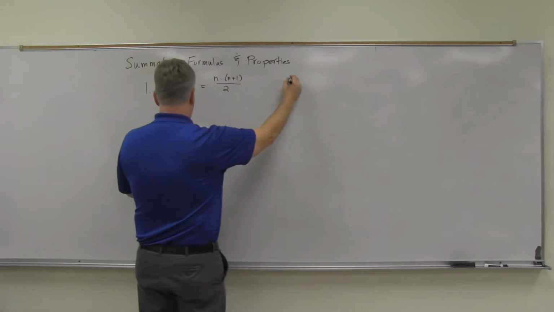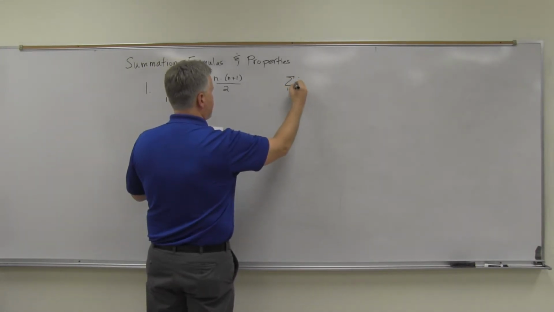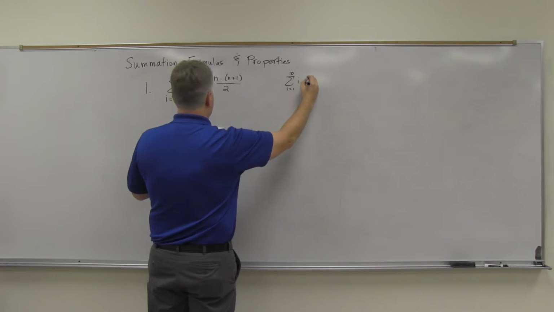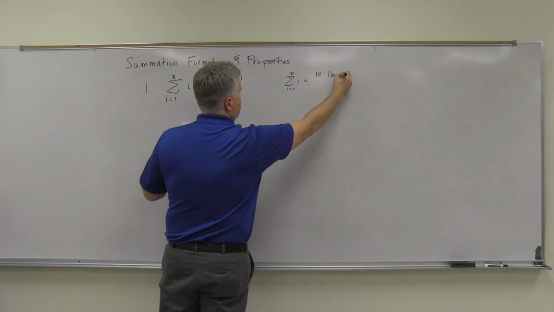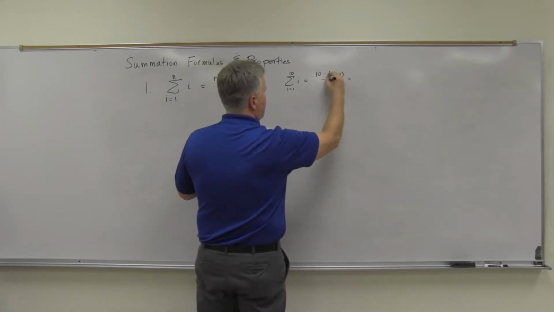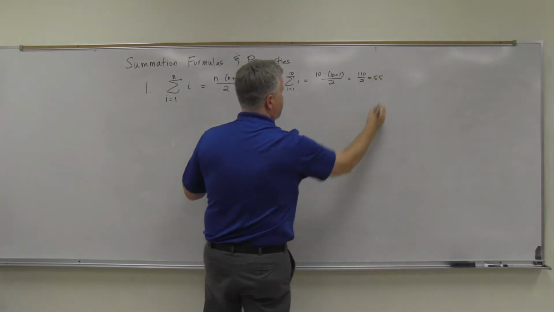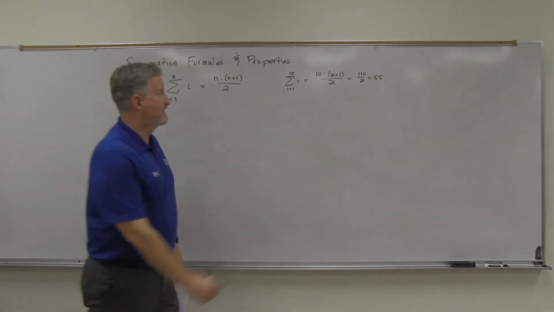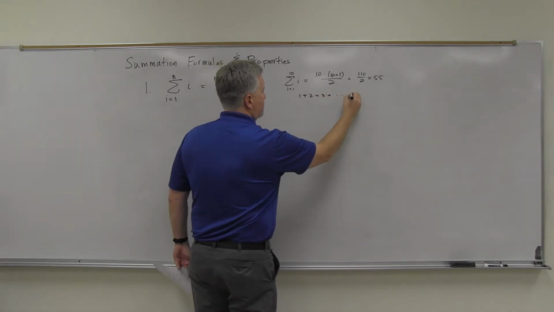For example, I got i equals 1 to 10. That equals 10 times 10 plus 1 divided by 2, which is 10 times 11, which would be 110 divided by 2, that's 55. And you can check that one pretty easily, because this just means 1 plus 2 plus 3 up to 10.